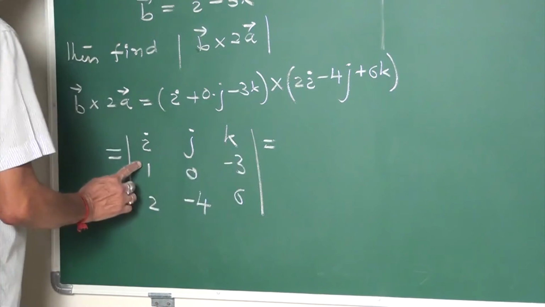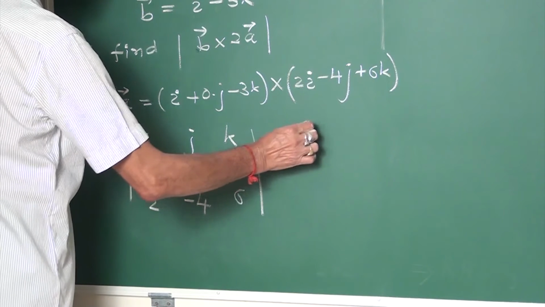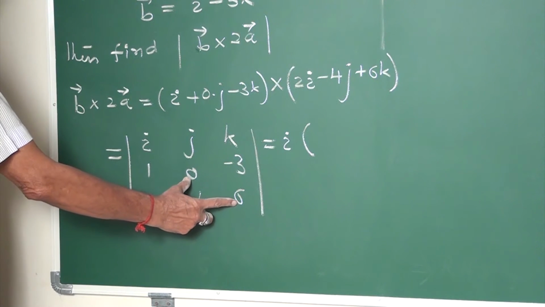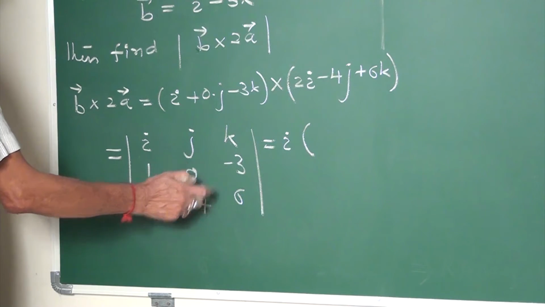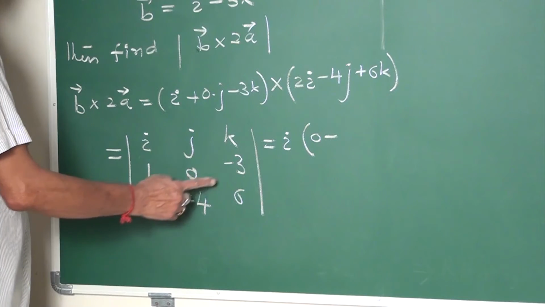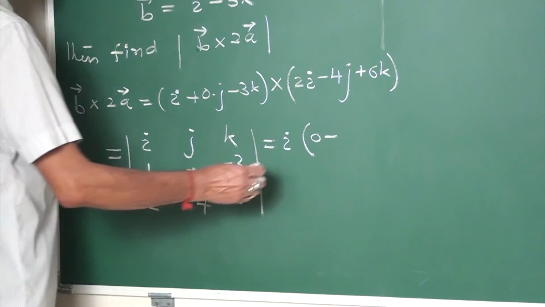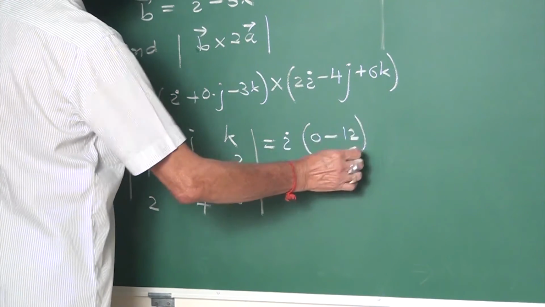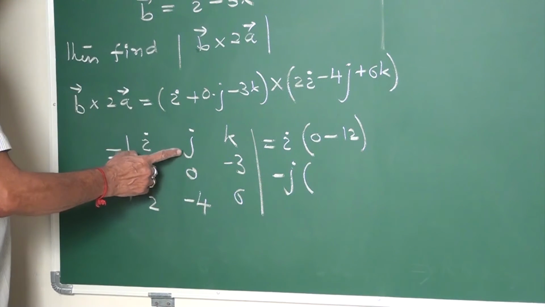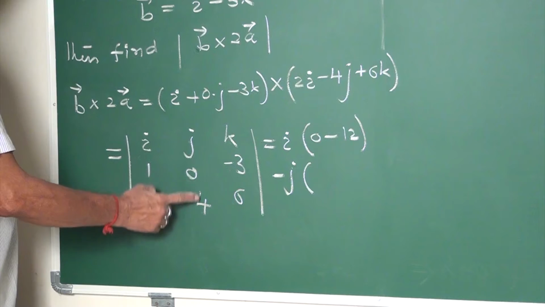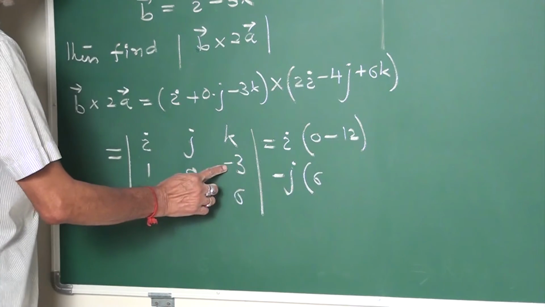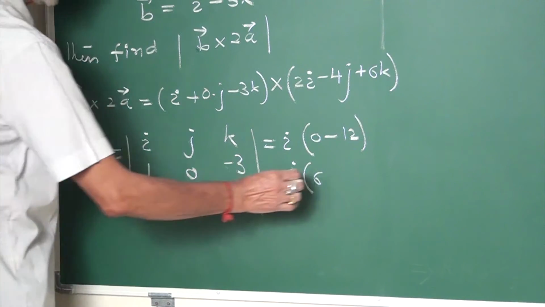Evaluate this. i into, leave the elements of the first row, first column. This is 0. Minus minus 3 times 4 is minus 12. Next is minus j into, leave the elements of the first row, second column: 6, 1 into 6. Minus with minus is plus 6.